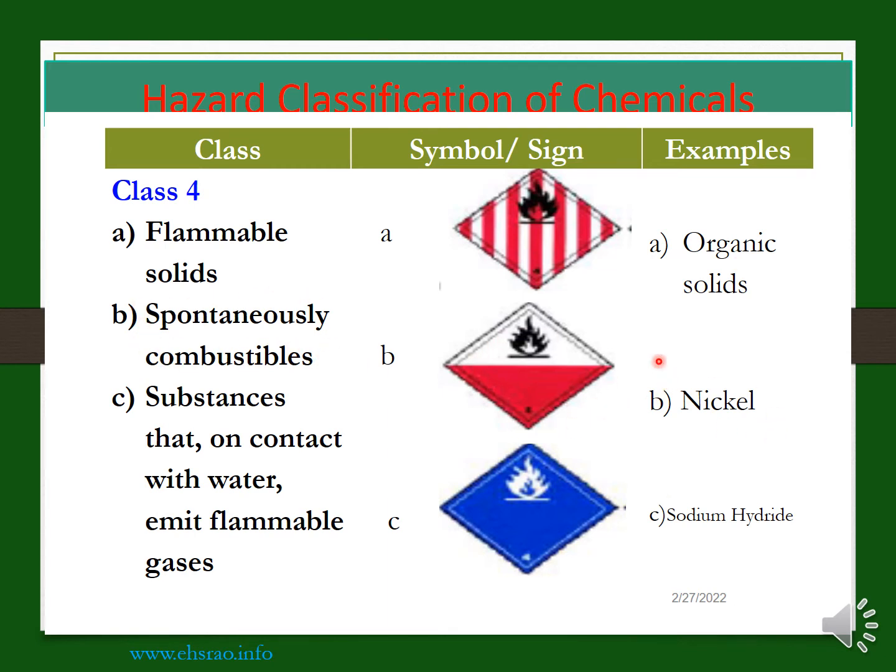These are all spontaneously combustible. Then there are substances that emit flammable gases on contact with water, and this is the symbol. Examples are sodium hydride and sodium borohydride. These all come under flammable solids and are also water reactive.